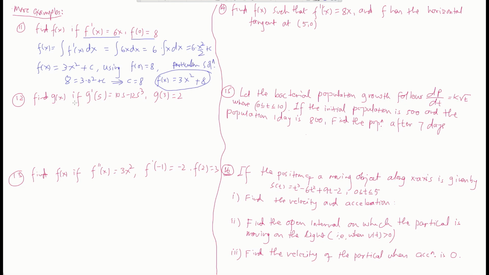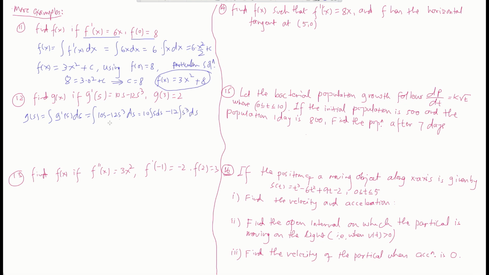Similarly, you can do this one. How do I find that? G(s) equals the integral of g prime of s ds. Here the function is a function of s, that's why I write s everywhere. This is the integral of 10s minus 12s cubed ds. You can write 10 times the integral of s ds minus 12 times the integral of s cubed ds.